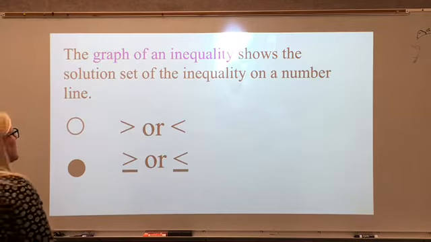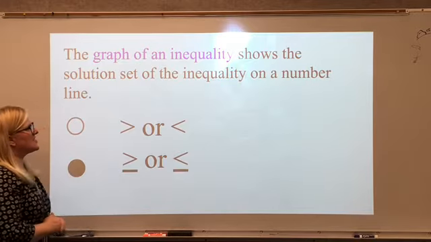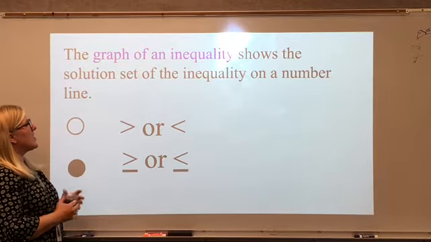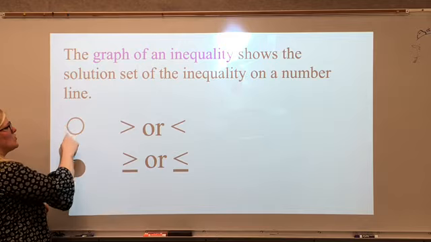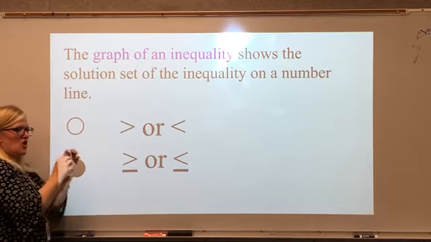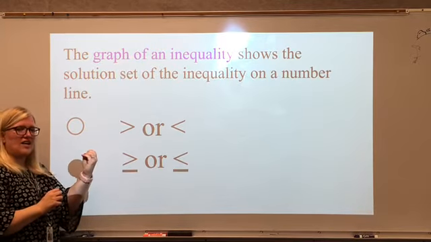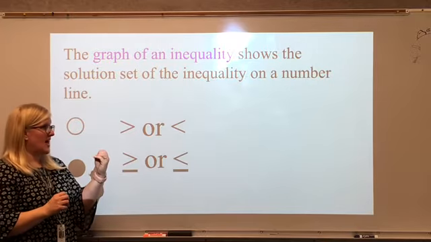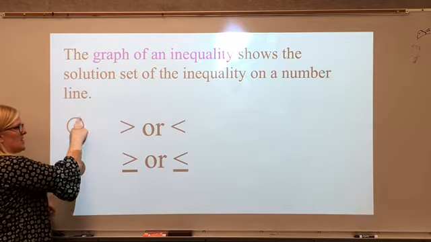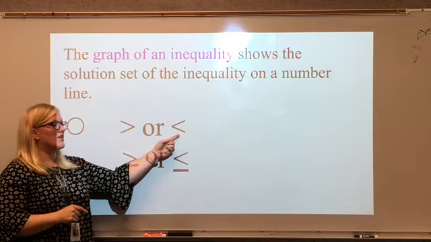Okay, so the graph of an inequality shows a solution set of the inequality on a number line. We use circles to show where that inequality starts, what number it starts at. If it's open, we have the greater than or less than sign.